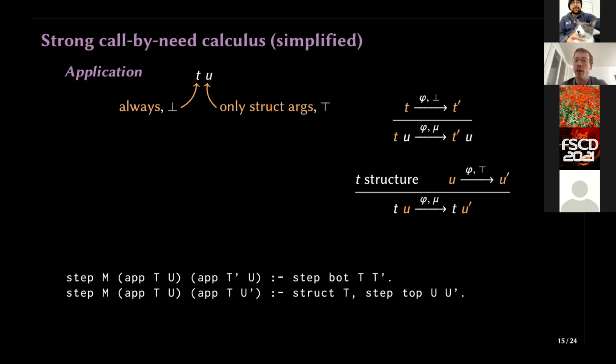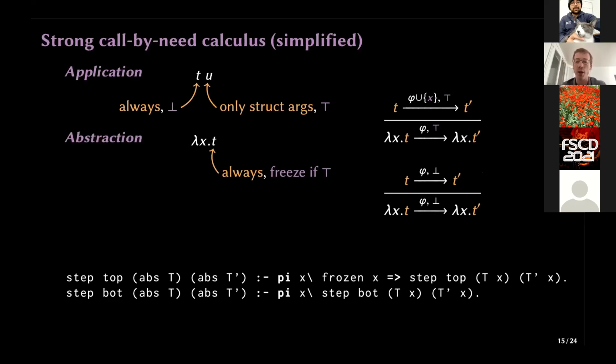So we have a bottom modality for this flag mu in the case of a reduction on the left of an application. Now, on the right of an application, which was previously totally forbidden, it is now allowed conditionally, only in argument position of structures. But in this case, we are at a top level like position, and the top modality applies here.